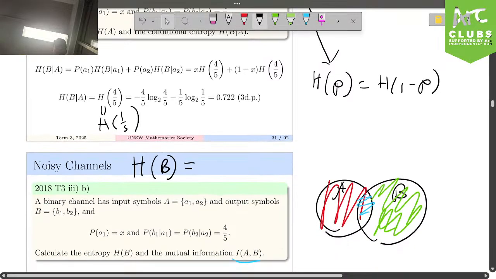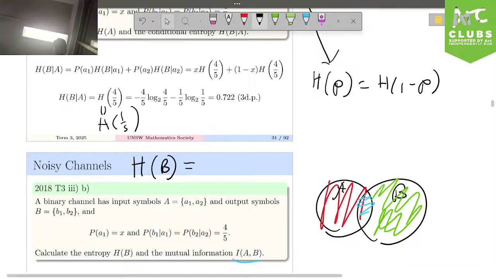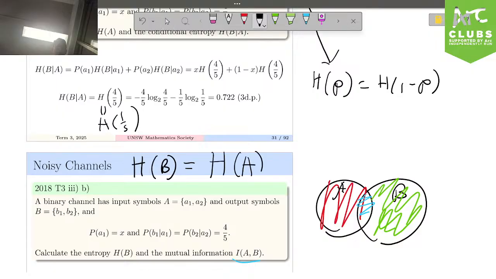Makes sense. So we have B given A, and we have A, so let's say it's the entropy of A minus the entropy of A given B, so that would be just this overlap, wouldn't it?